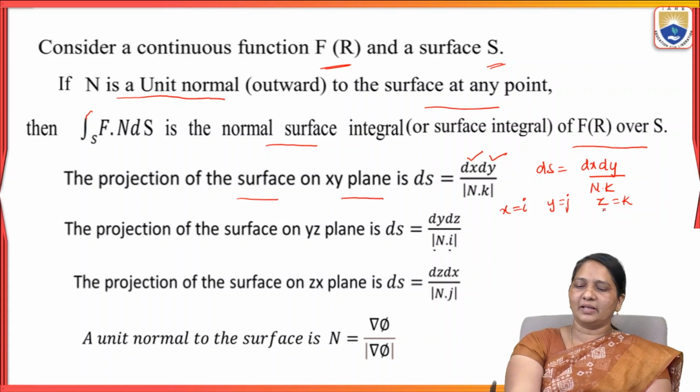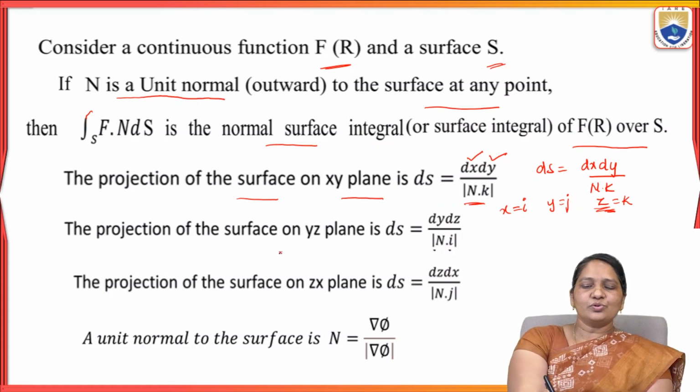If you have dx dy, that means x and y are there, so the remaining one is z, so we take the dot product with the outward normal, n dot k. If you are considering the xy plane, we have to use this formula.